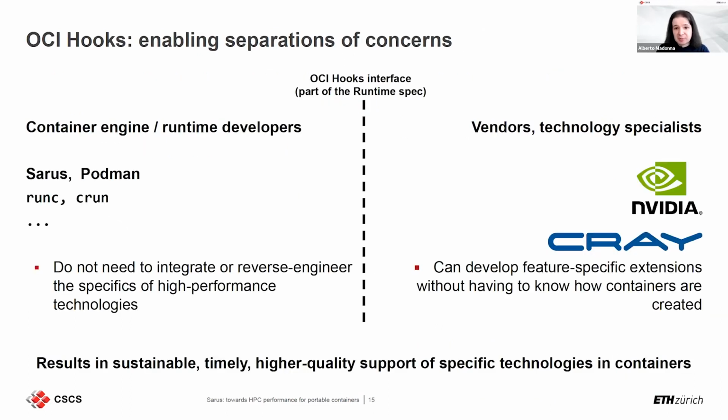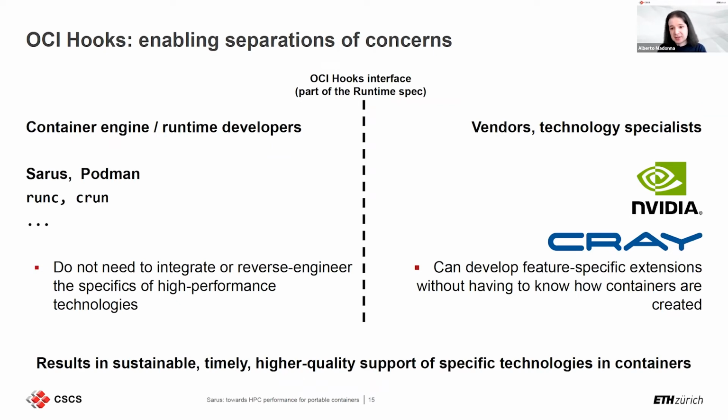From a software development point of view, hooks enable separation of concerns. On one hand, the developers of container tools like engines and runtimes do not need to integrate or reverse engineer support for complex technologies. On the other hand, vendors and technology specialists can develop feature-specific extensions without having to know the details about container creation.